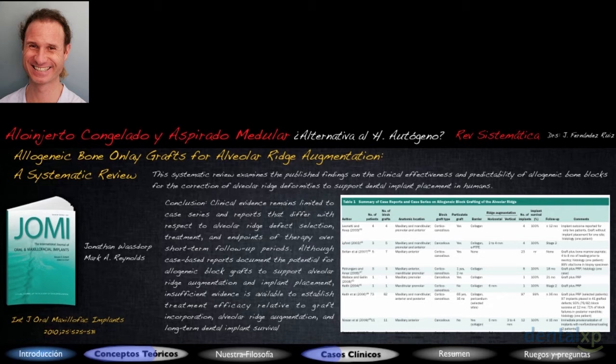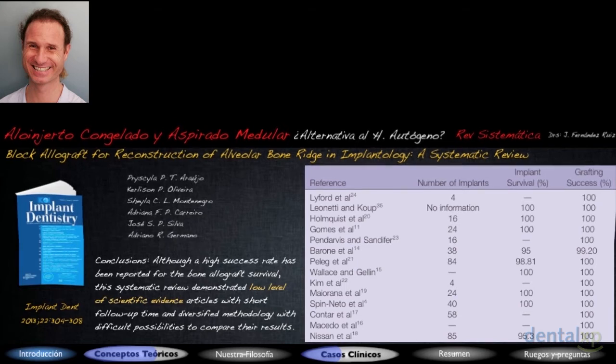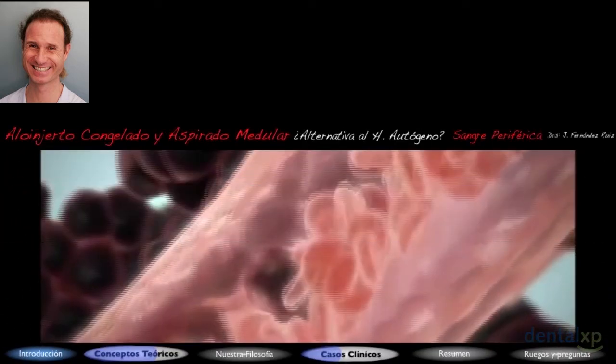As of now, we have only talked about allografts. And I must remind you that all these allografts have no cellular component. So when we want to give a cellular component to these allografts, we must add an external material so that we can have the cellular component of these bone grafts.